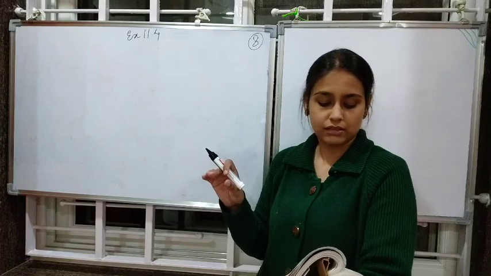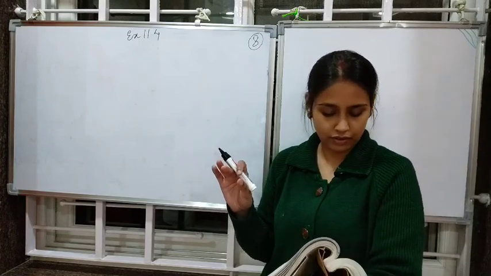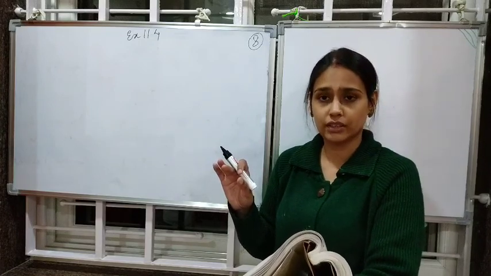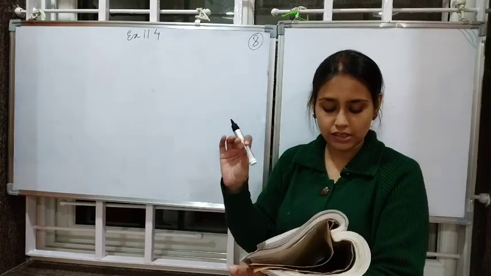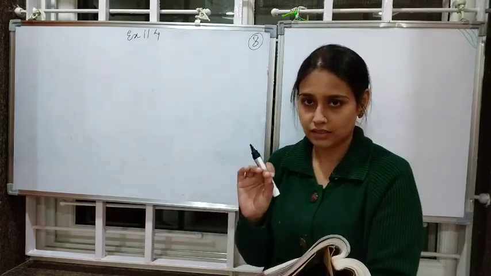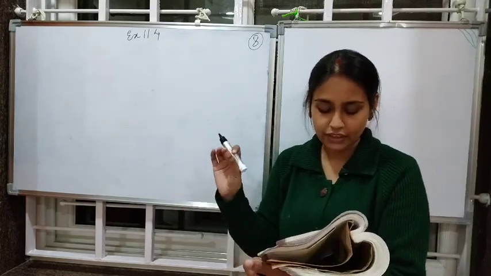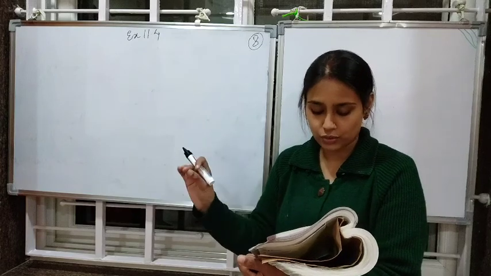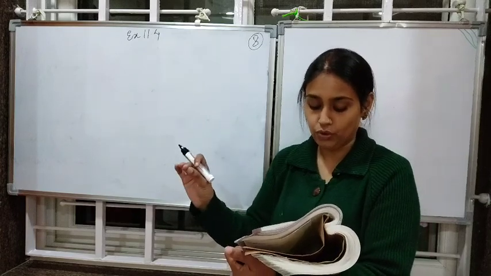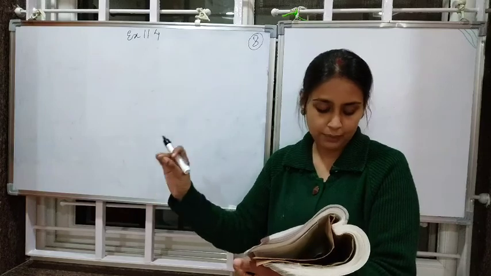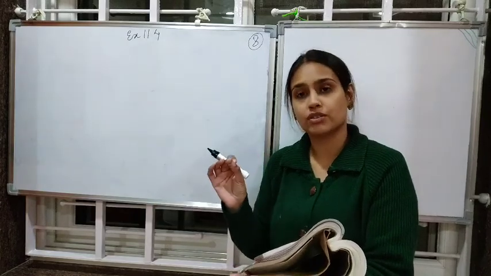So let's start. There are three situations given. Let's read the question. Given a cylindrical tank, in which situation will you find surface area, and in which situation volume?